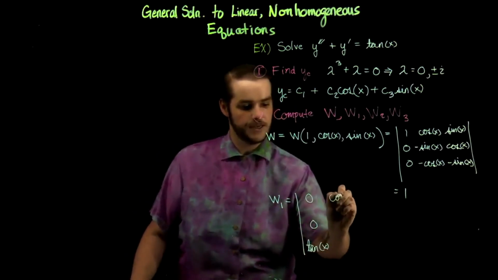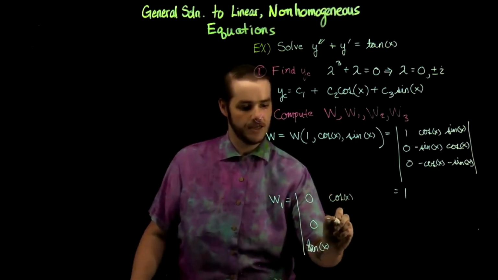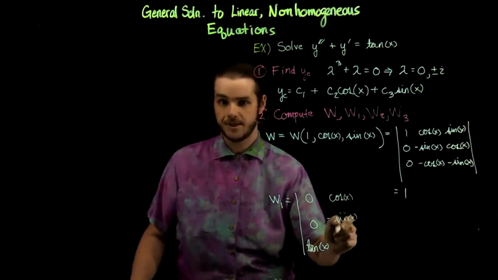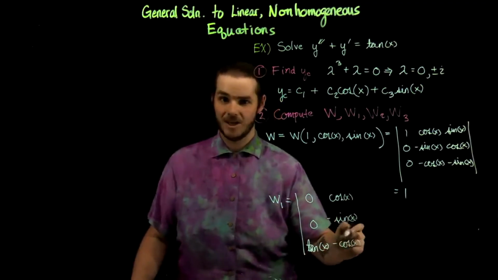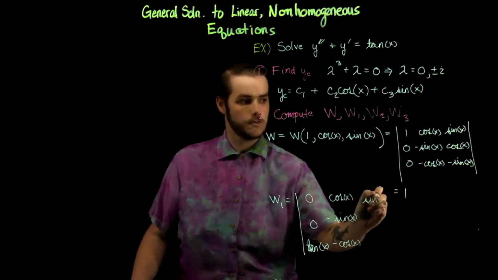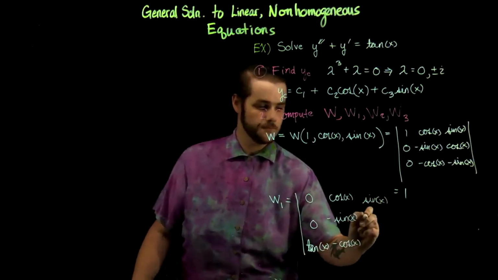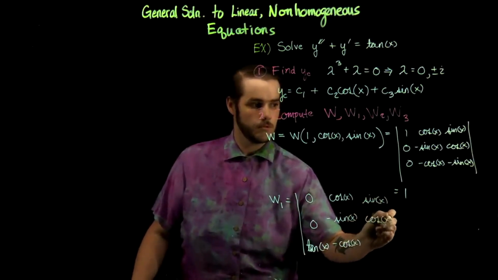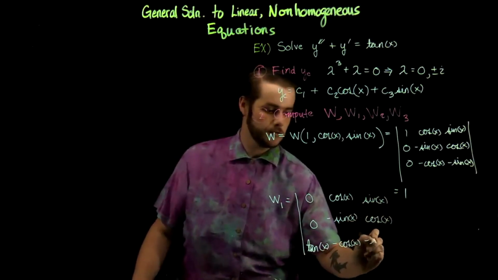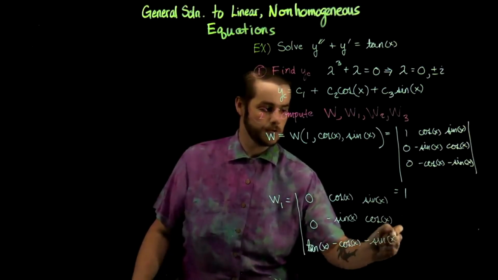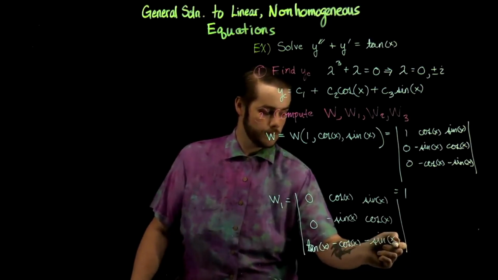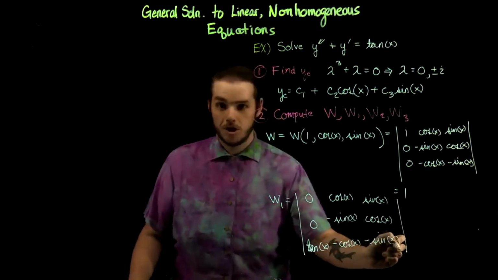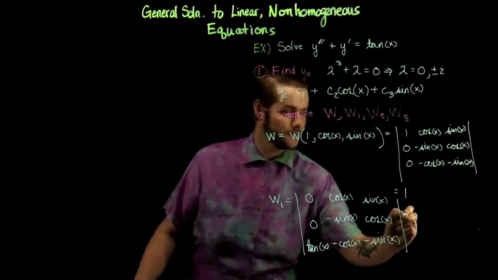So I still have cosine of x, negative sine of x, negative cosine of x, and sine of x, cosine of x, negative sine of x. And wouldn't you know it, that's tangent.